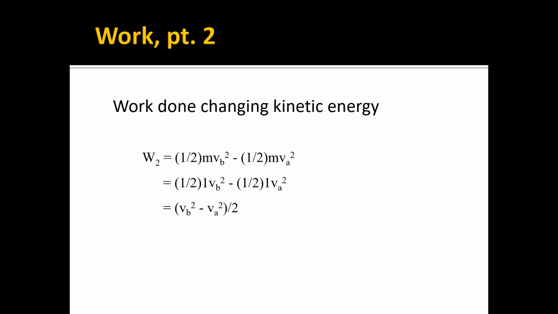So the work done in changing the kinetic energy from point A to point B is the kinetic energy at B minus the kinetic energy at A. So 1/2 m VB squared minus 1/2 m VA squared. Again, we can replace the mass term by 1 since it's a unit mass, and then we can combine these terms, so we end up with (VB squared minus VA squared) divided by 2. So that's part 2 of our work.